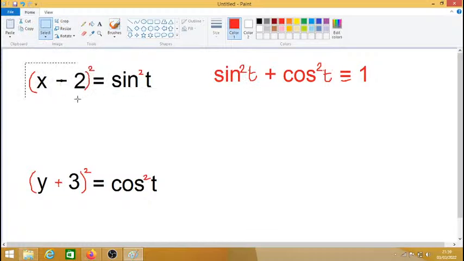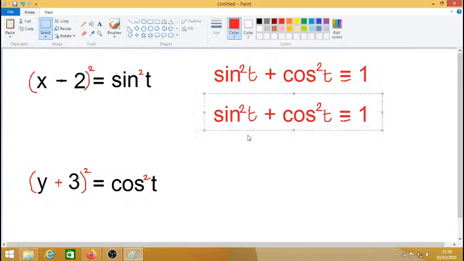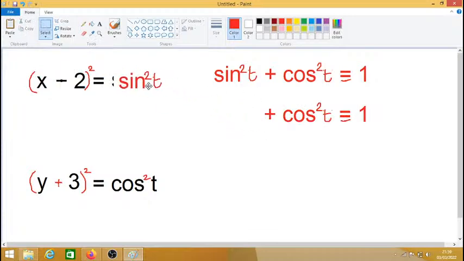And now I've got sine squared t, that's this bit here. So let's take a copy of that. So sine squared t can be swapped for the x minus 2 squared.